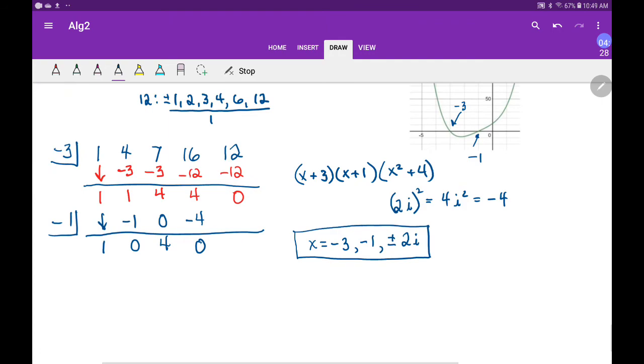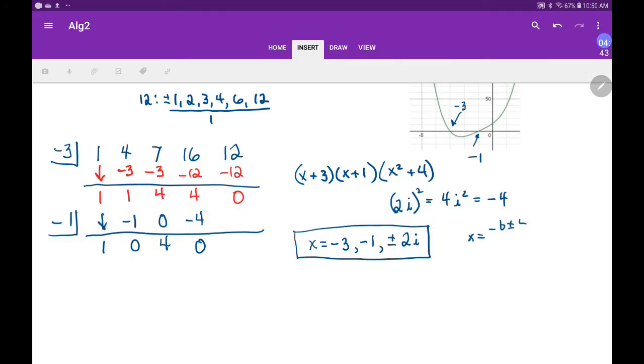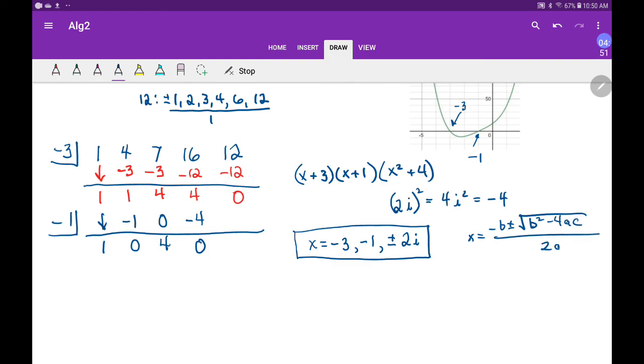And you say, wait, I didn't follow you there. What are you doing? Okay, I understand that might be kind of strange, so you might want to use the quadratic formula: x is equal to minus b, plus or minus the square root of b squared minus 4ac, over 2a.